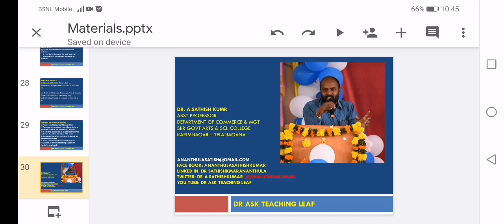Yes, dear students, this is session 2 on materials, cost accounting subject. Hope this presentation enables you to understand the importance of material and various techniques which help to control the cost of materials. Materials contribute almost 50% of finished goods.